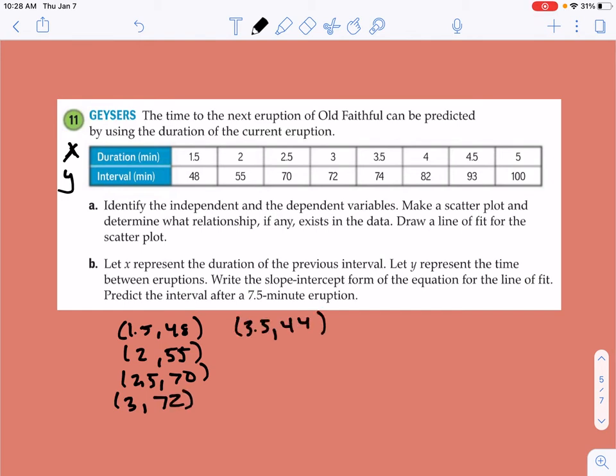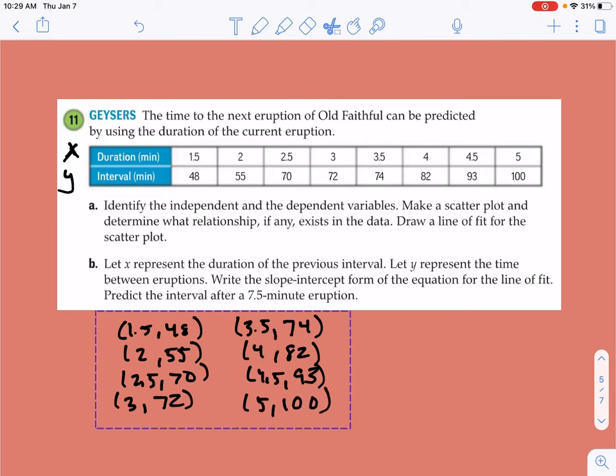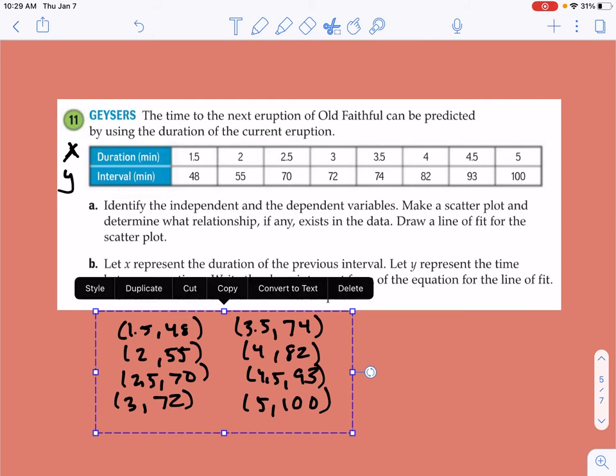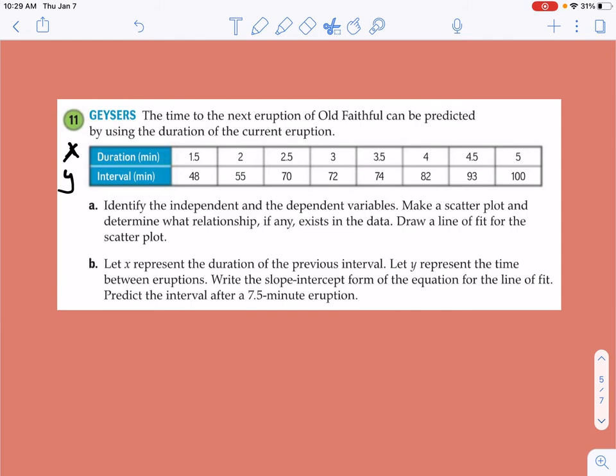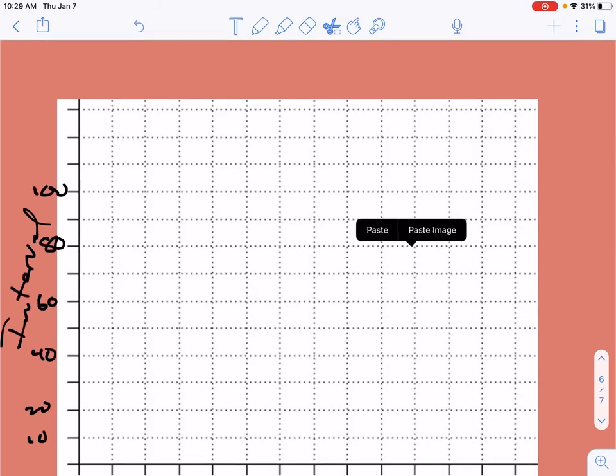I'm writing these as ordered pairs so that I can plot them, and I know what's x and what's y. 4 and 82, 4.5 and 93, and it looks like we have 8 sets of points here. Now I'm going to use this neat little tool, cut this, and paste.